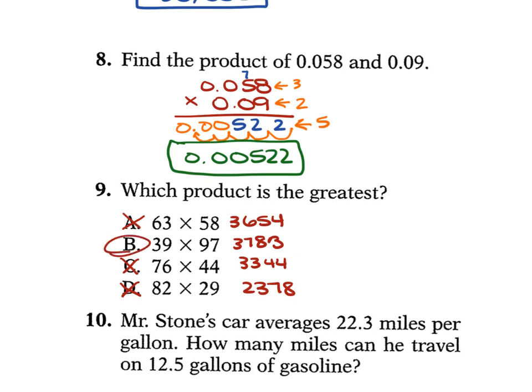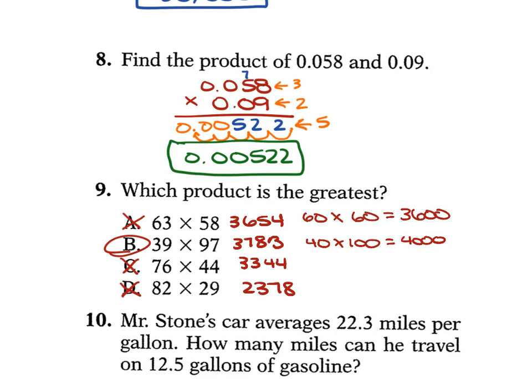For these, you could have gone ahead and estimated them as well. The 63 times 58, you can do 60 times 60, which gives us 3,600. The 39 times 97 could have been 40 times 100, which is 4,000. I'm sorry, 4,000, not 40,000.